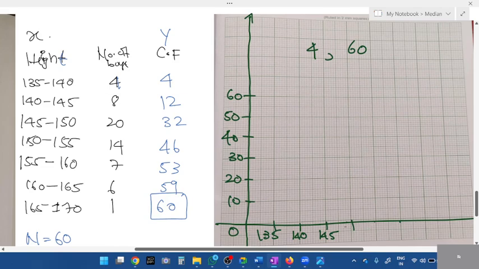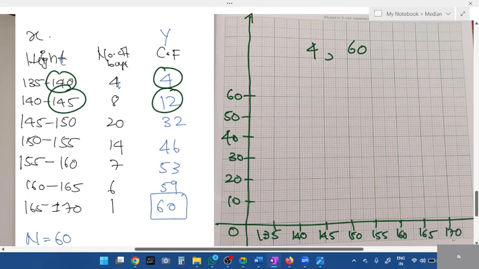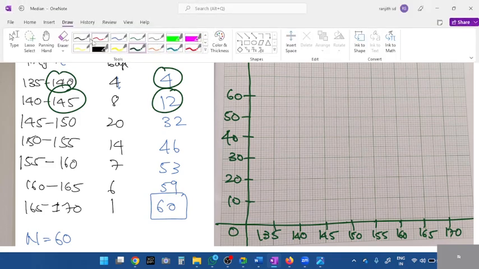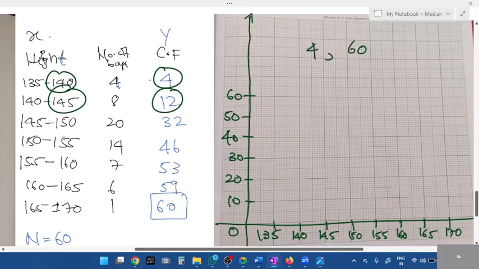60. Then for the cumulative frequency ogive graph, we need the first and last value like this. 150. 140 and 4. Look at 140 and go all the way up to 4.